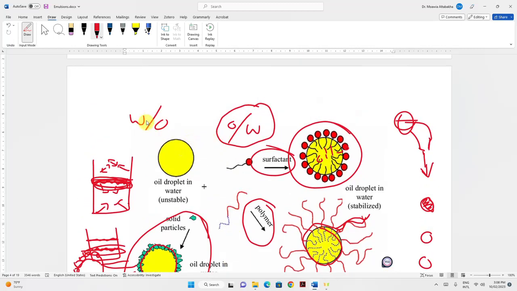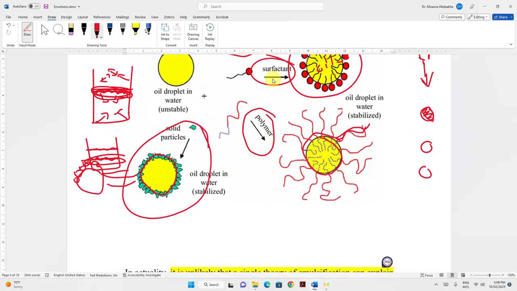So with surfactant I can get water in oil or oil in water depending on the surfactant. This is the surface tension theory. With oriented wedge, the most important ones will produce oil in water emulsion, because most of these polymers are water soluble, and they are the important ones in pharmacy.